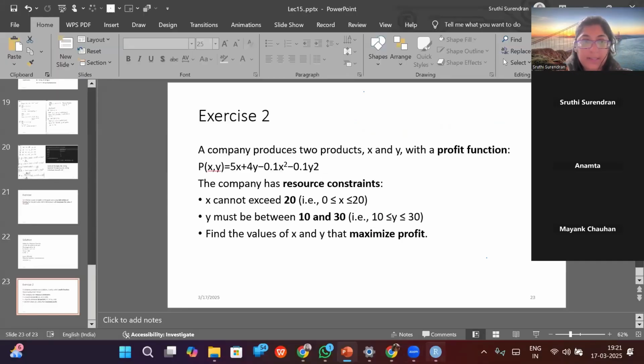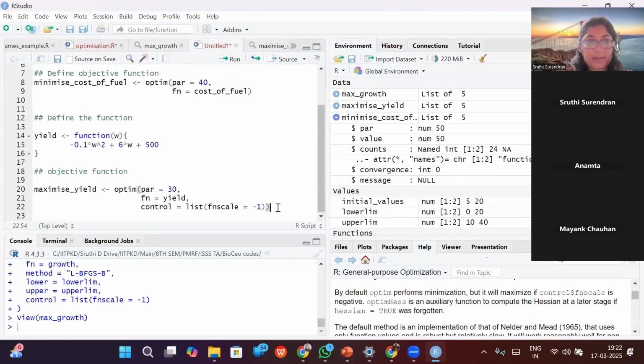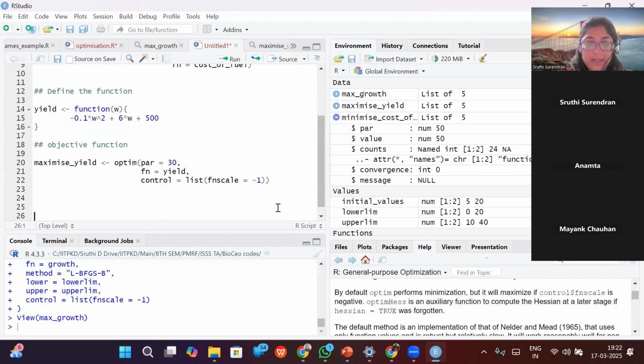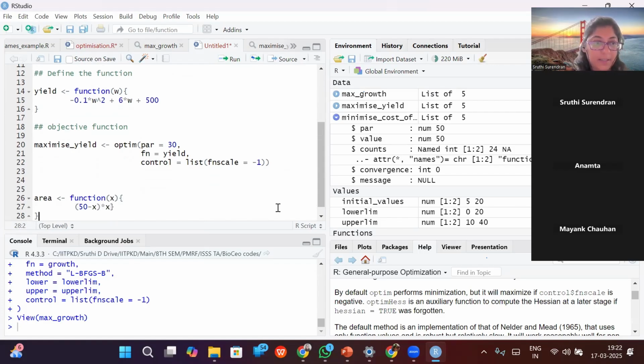Now let us do the same thing in R. We are defining the function area, which is a function of x, and that function is defined by 50 minus x into x.